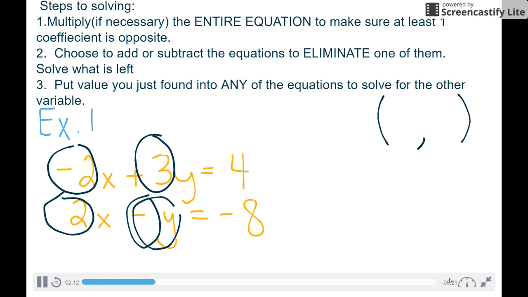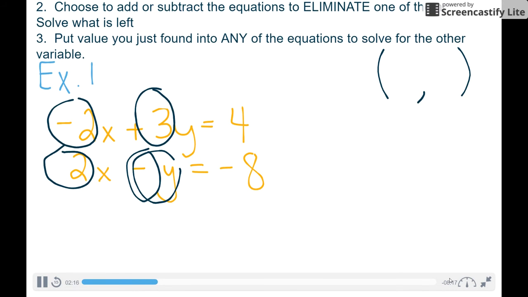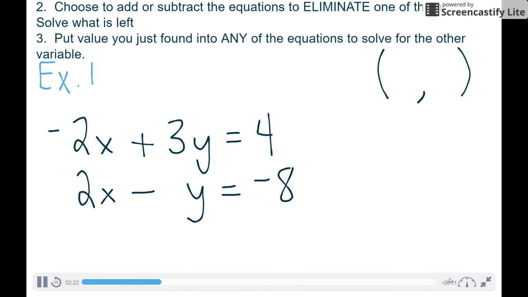Step two, choose to add or subtract the equations to eliminate one of them. Here's the part where you get to choose if you are adding or subtracting. We are going to put a big line underneath this, and we're going to add and subtract vertically like you did in first grade. I'm going to put a box over here, and inside this box I have to put the sign that's going to make these 2's eliminate.